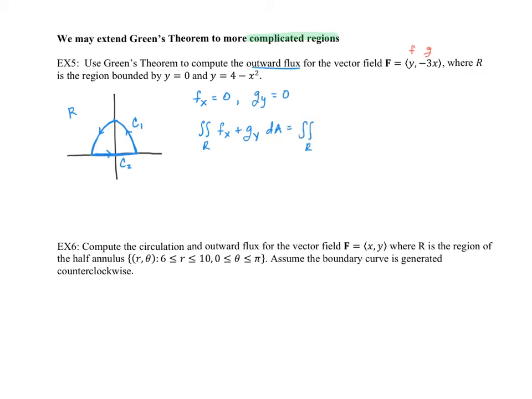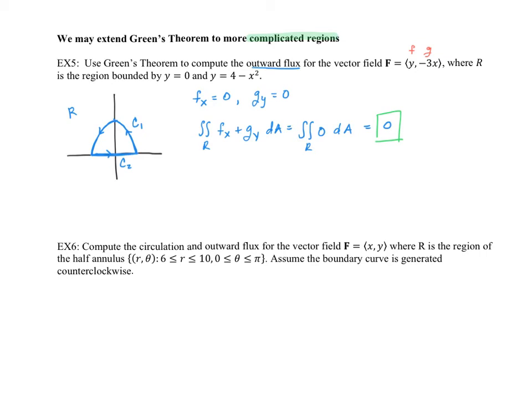It really doesn't matter that the curves are not smooth. We don't have a nice smooth single curve. Since the integrand is 0, I know that flux is 0, or source free. So you can use Green's theorem when you don't have a smooth curve.